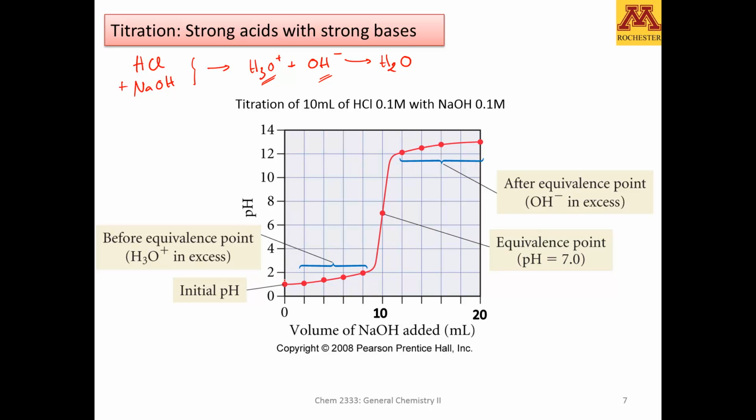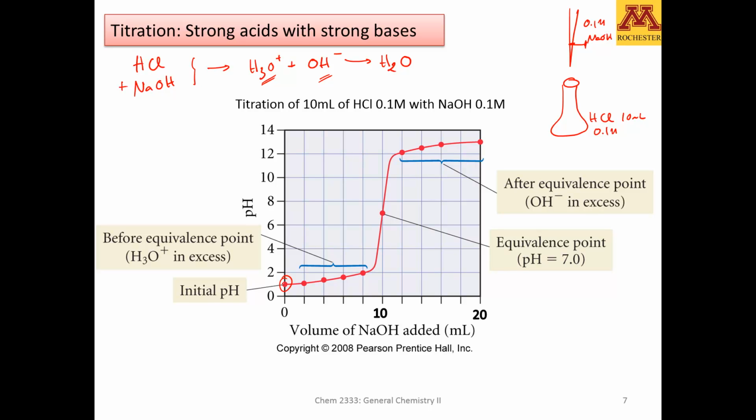Initially, because we only have HCl, and let's remember, you had the Erlenmeyer with the HCl down here at 0.1 molar, 10 milliliters, and you have the burette here in which you're adding the sodium hydroxide, 0.1 molar. Initially, if the concentration is 0.1 molar, the pH is 1, so you start something like this.